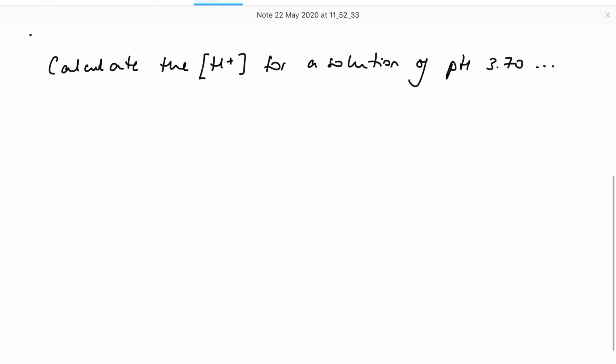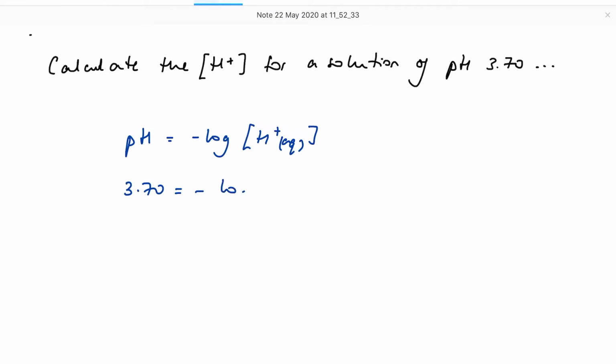Vice versa, calculate the hydrogen ion concentration for a solution of pH 3.7. So pH equals minus the log of the hydrogen ion concentration. So that means that 3.70 equals minus log H plus.